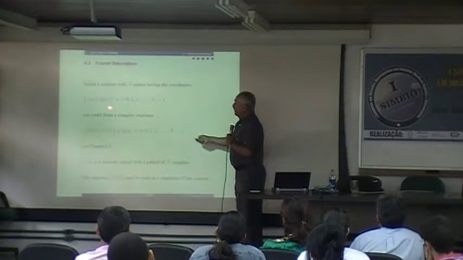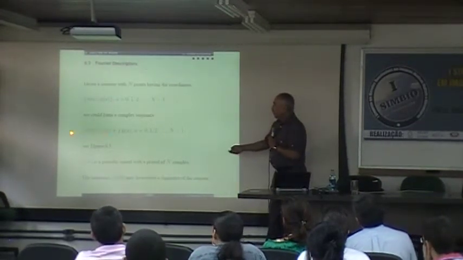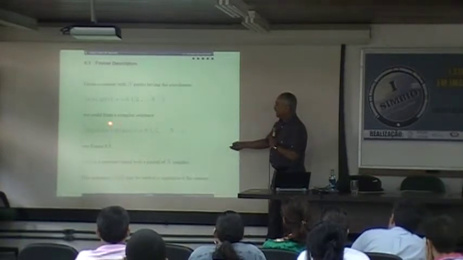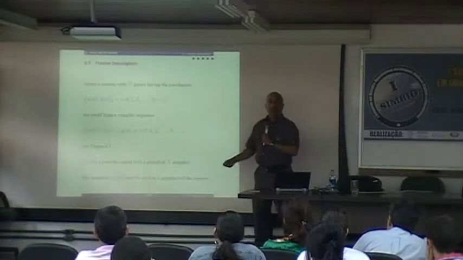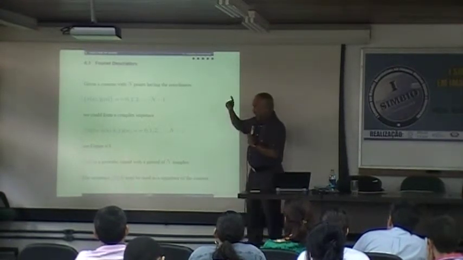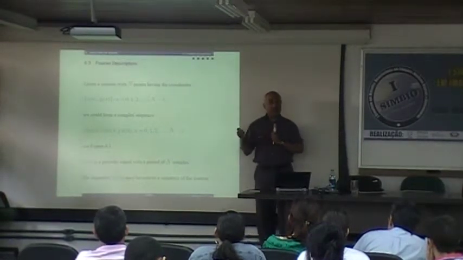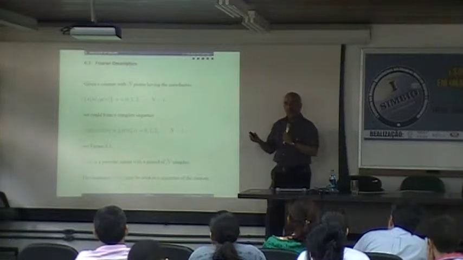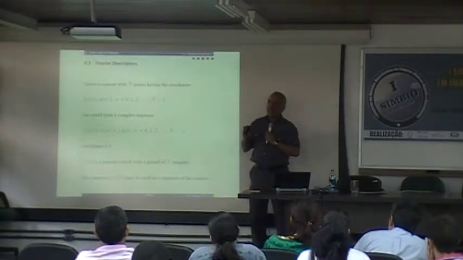So suppose you have a contour with x(n) and y(n) points. We form the complex signal z(n) equal to x(n) plus j y(n). Now this is periodic because as you go around, you get the same thing. So this is periodic, and any periodic signal can be analyzed using the Fourier series. What does the Fourier series tell you? It tells you what is the fundamental frequency. It's not important.